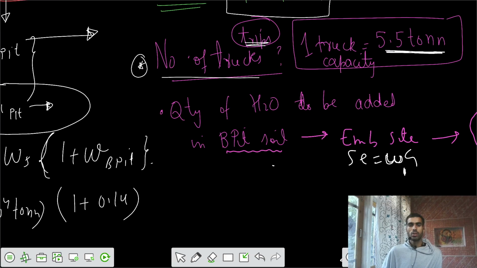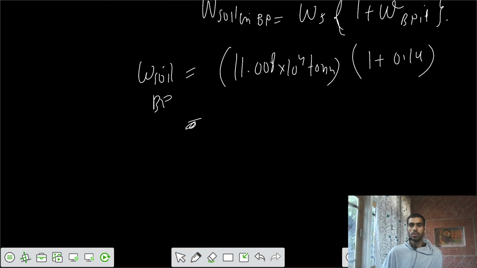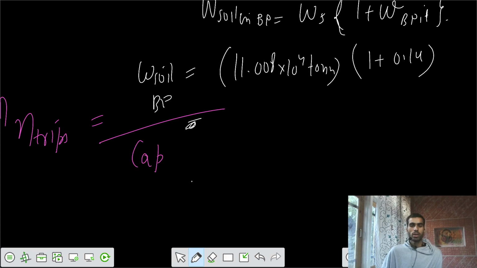And what is the number of trips required? Number of trips is equal to the total weight of the soil in the borrow pit divided by the capacity of one truck.